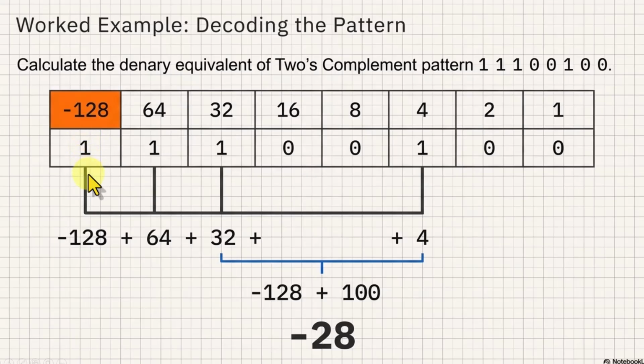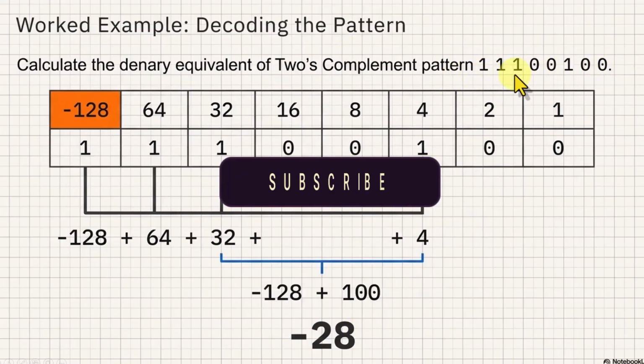So we have negative 128 plus 64 plus 32 plus 4, okay? So this will make 100, and negative 128 plus 100 will give us negative 28. So this is negative 28 in 2's complement.